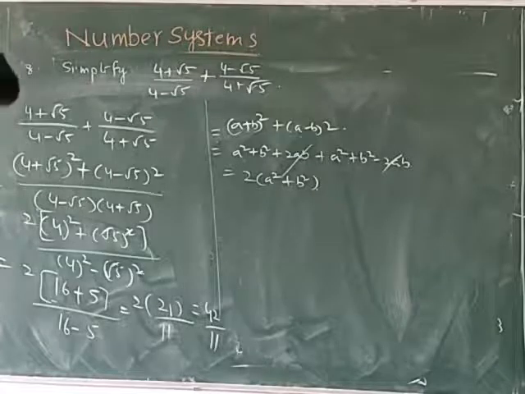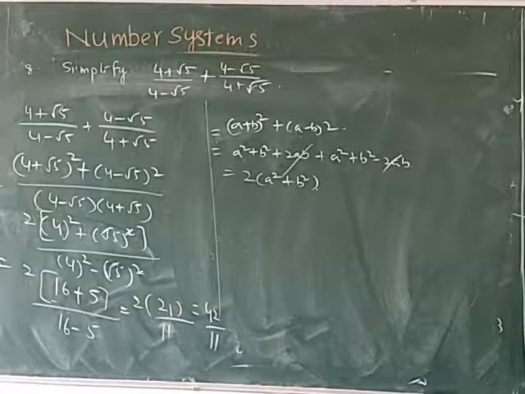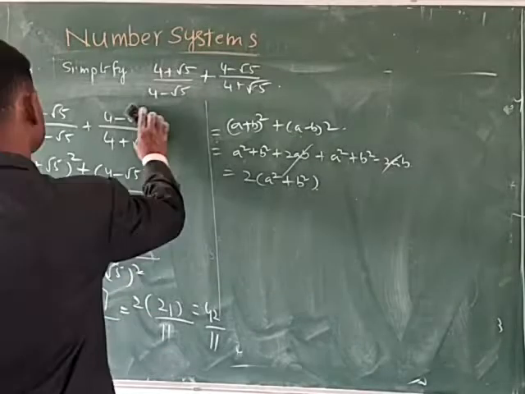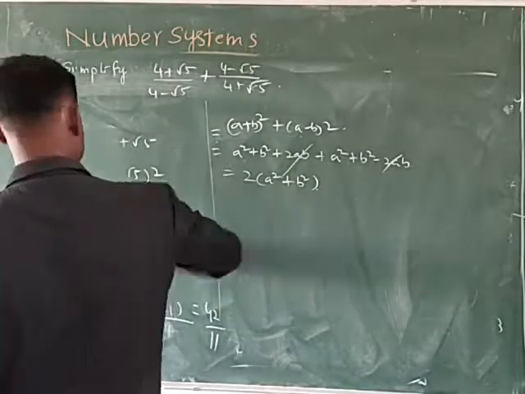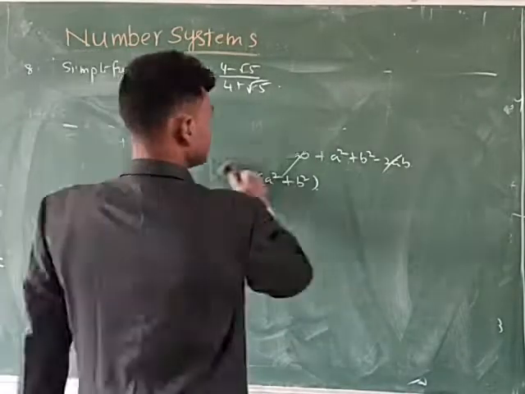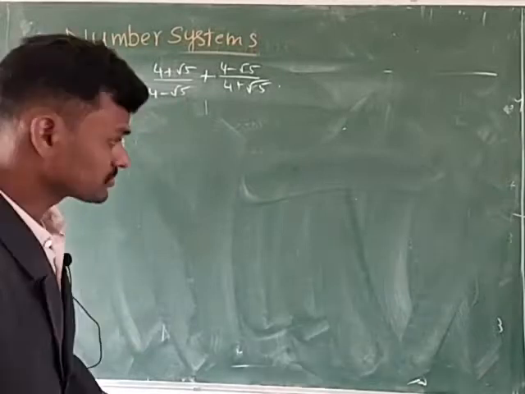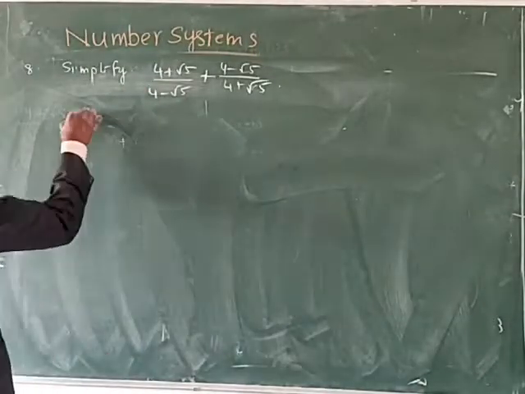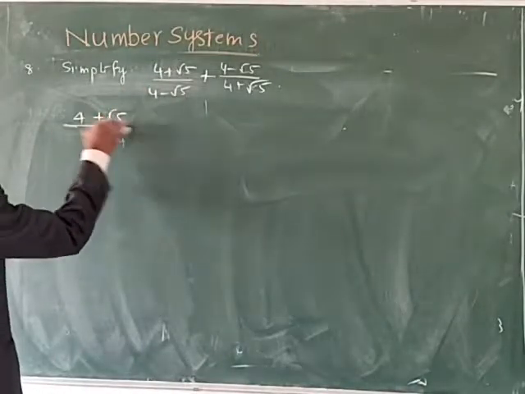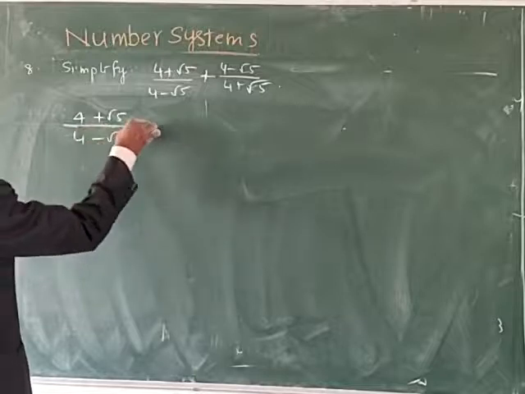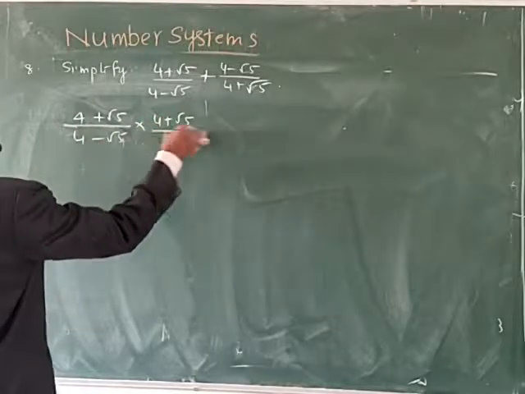Here second method, how to do, listen. In the second method, first you rationalize the denominator of (4 + √5)/(4 − √5). Multiply by (4 + √5)/(4 + √5).